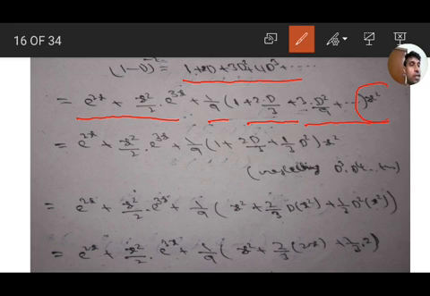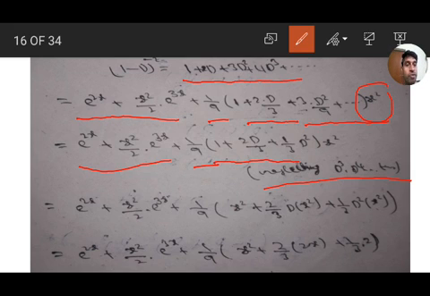We have only the x² term, so we neglect D³, D⁴ terms, because the third-order, fourth-order and higher derivatives of x² are 0. So e^(2x) + (x²/2) e^(3x) + (1/9)[1 + 2D/3 + (1/3)D²] x², up to D² only.